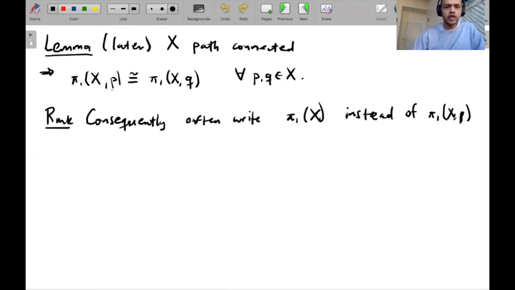Right, so I wanted to mention quickly how to think about this isomorphism. Here's a picture.